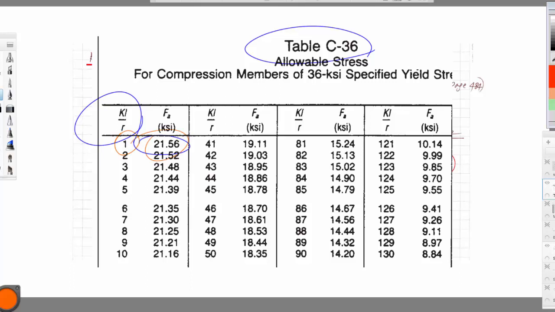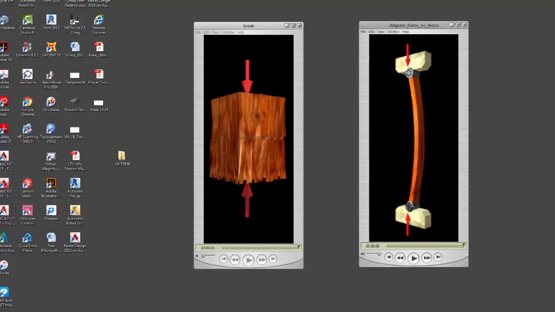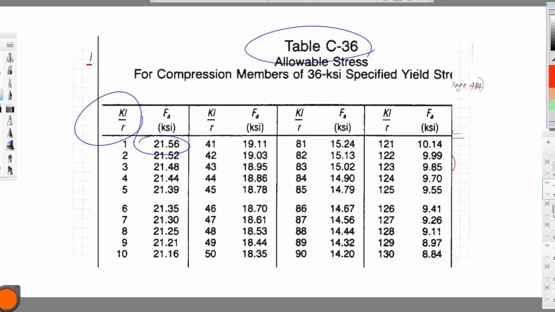Now if you go to a value of 130, you see the value of FA is 8.84. FA is the maximum allowable axial stress, meaning how much stress the column can take. So the larger the value of KL over R, the less is the resistance of the column. In design, the concept is always that we take the weakest part, since the column will fail in the weakest part before the strongest part.